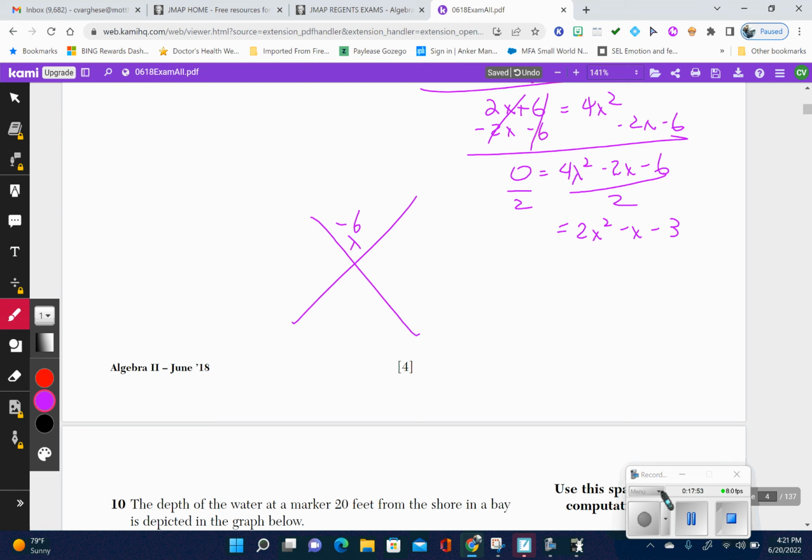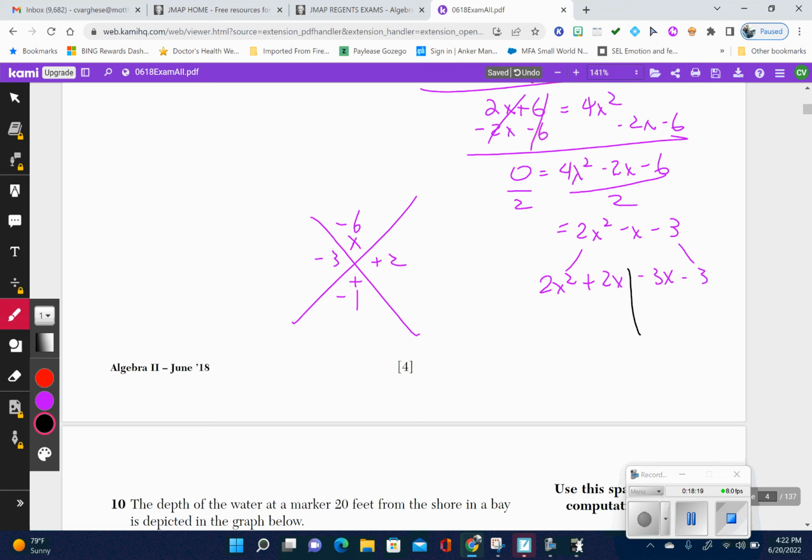I'm looking for two numbers that multiply to give me negative 6 and that add to give me negative 1. So this is going to be negative 3 and positive 2. So this is going to come down, 2x squared. The negative 3 is going to come down, and I can split the middle term into plus 2x and negative 3x.